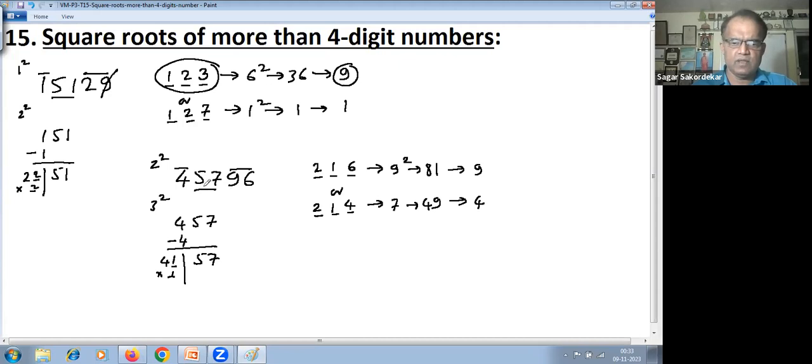Now let's find out the digit sum of this. 4 and 5 get cancelled. 9 gets cancelled. 7 plus 6 is 13. 13 is 1 plus 3 is 4. So it matches here. So the answer is 214. 214 is the answer.